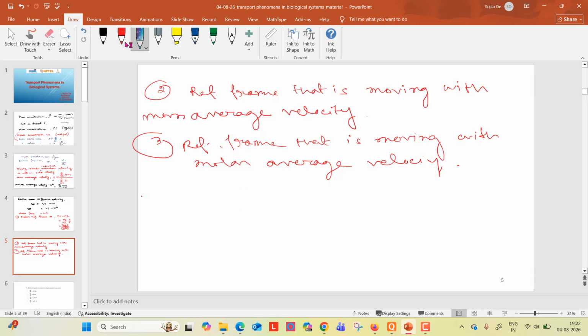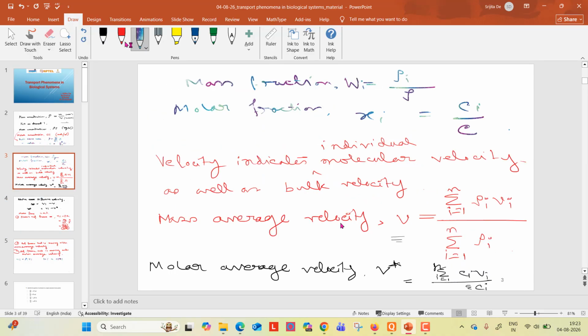we just said that the mass flux for the static frame is Ni equals rho i Vi, and the molar flux with respect to the static frame is capital Ni equals Ci into Vi, right? From the molar average velocity also you can tell this, right? The numerator is Ci Vi.